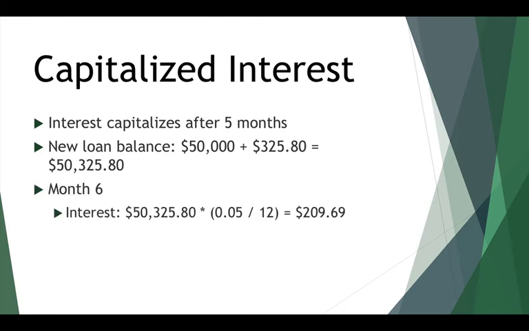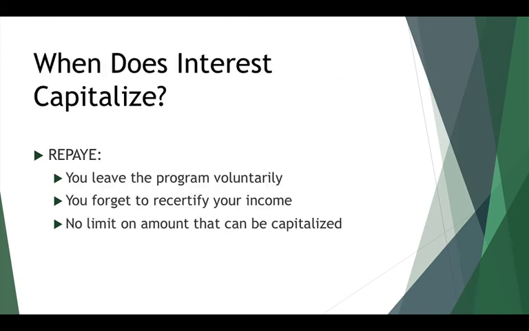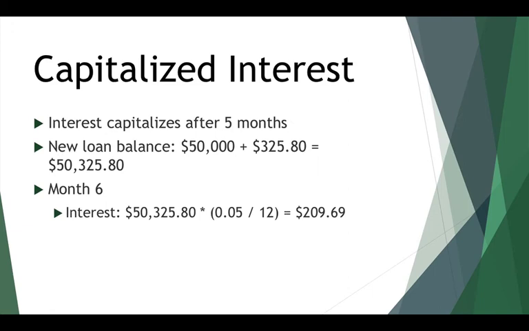In month 6, your interest is going to be based on that higher loan balance. So you can see why you probably want to pay attention to this, because if you're accruing interest because your monthly payments are not enough to cover the interest each month, and that interest is capitalized, you've just added a little bit to your loan balance.